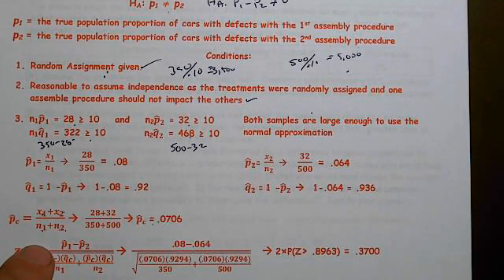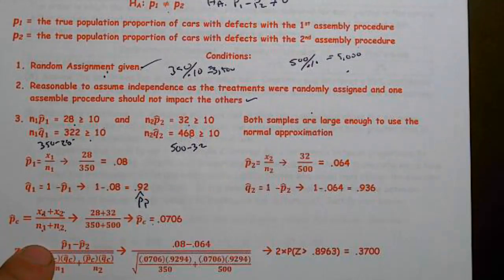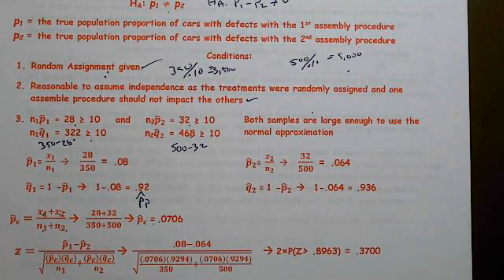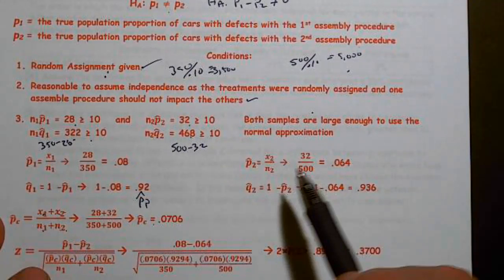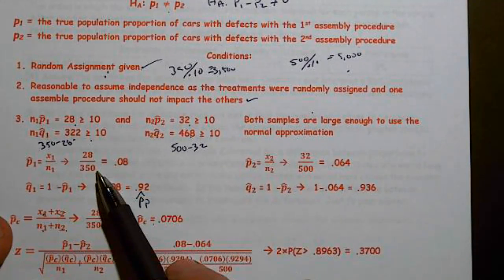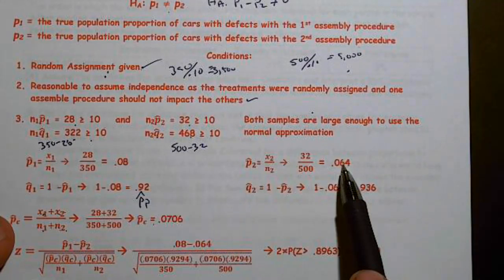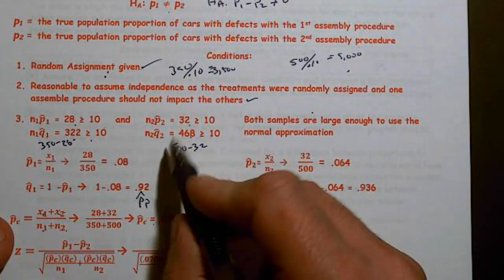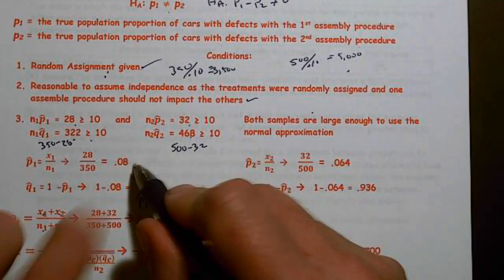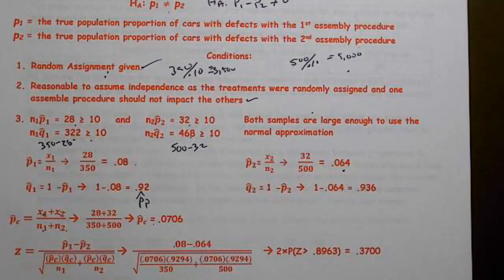Now, please note, some things are going to say P for P pooled, all right? We also know that P1 is 28 divided by 350 or 0.08. P2 is 0.064. So right there, I see that these two are not the same values. The question is, are they different enough to be statistically significant?